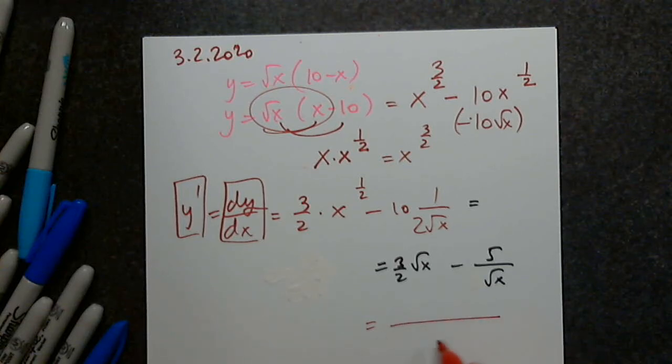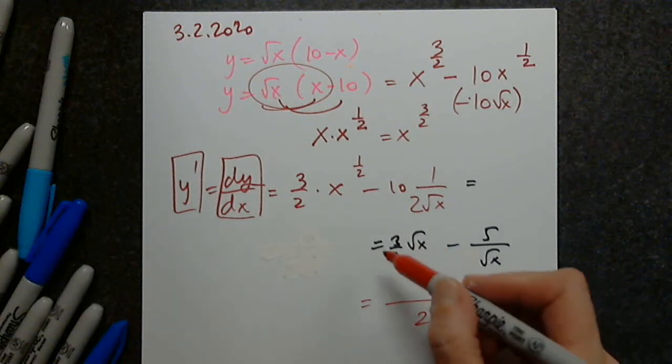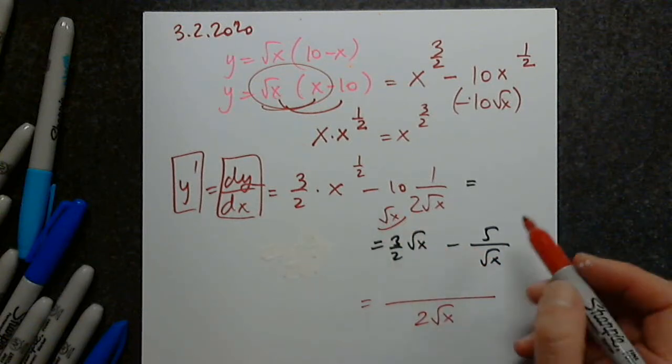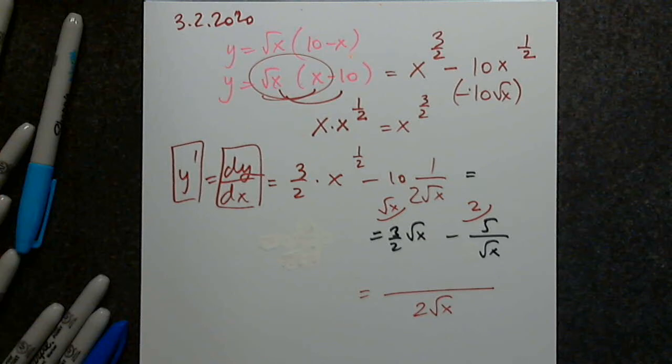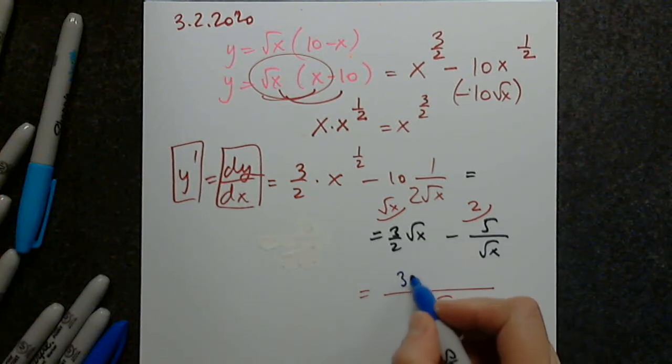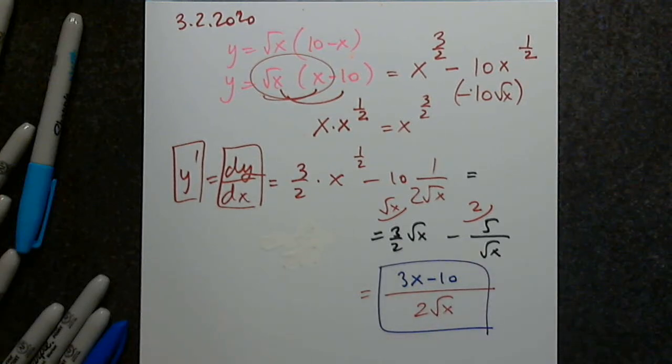And now the least common denominator is 2 the square root of x. This one needs a square root of x, and this one needs a 2. I didn't want to simplify because of that, but yeah, that's fine. It's no mistake. So then this is 3x minus 10.